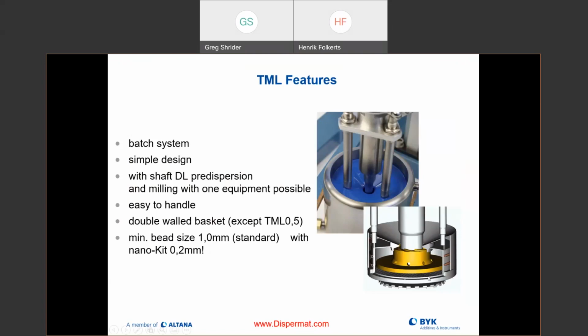So ideally, if I'm running a lab and I'm producing material and time is of the essence, if the viscosity and the primary particle size requirement allow me to use a basket mill, unless I have to upscale to a horizontal system, then it's a different story.